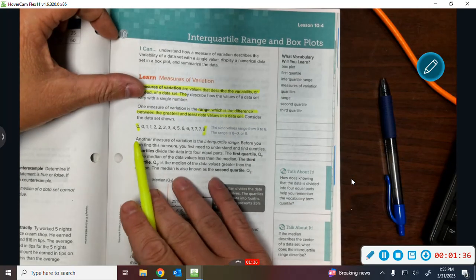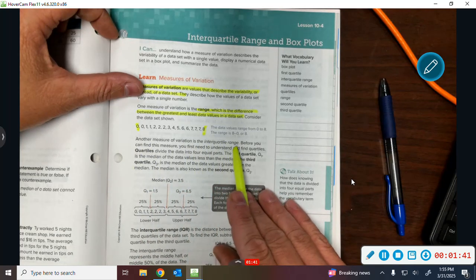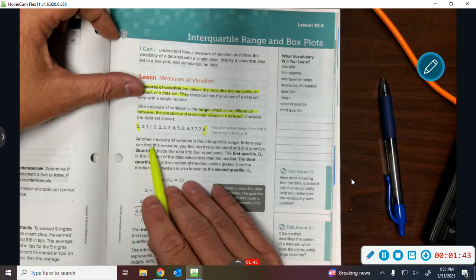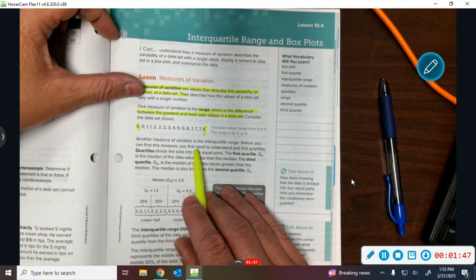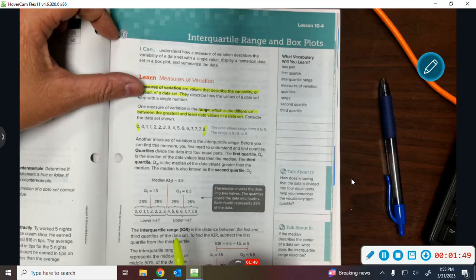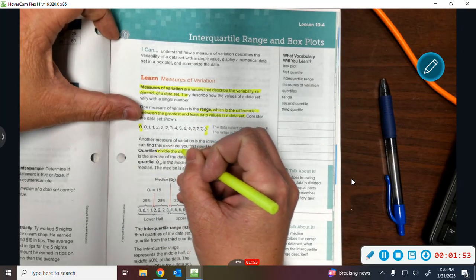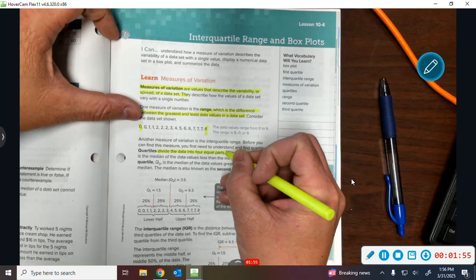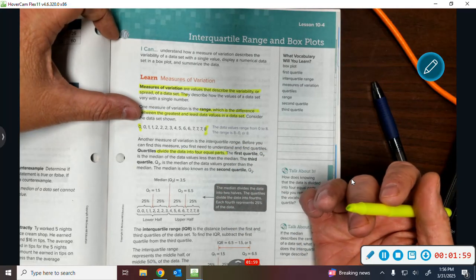Another measure of variation is called interquartile range. Before you can find this measure, you first need to understand and find the quartiles. Quartiles divide the data into 4 equal parts. Quartile sounds like quarter; it takes 4 quarters to make $1.